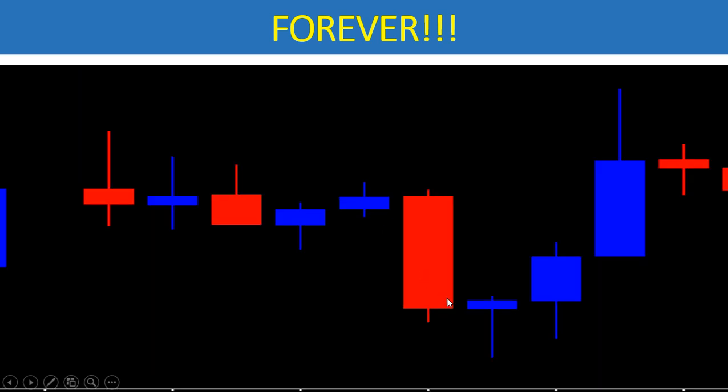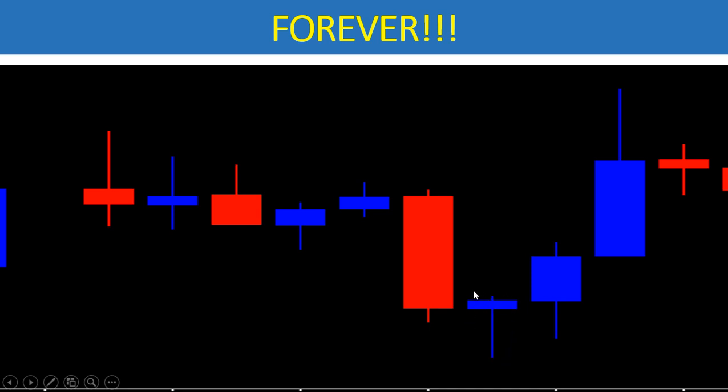Let's take a look at another one. Now this is also a pin bar. Now it is blue. That's why I said I don't care if it is blue or red. Now this is the support level. The low of a bearish candle is a support level, and the market is moving down. But eventually this pin bar's market session moves below the low during the session and eventually closes above it.